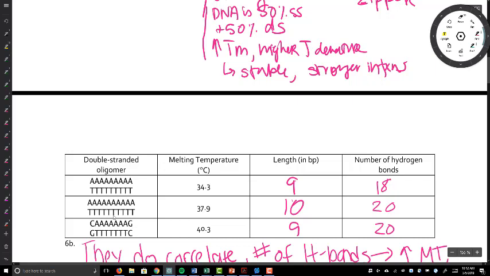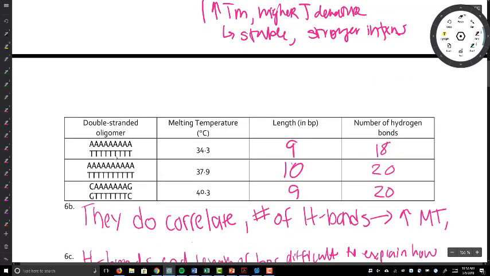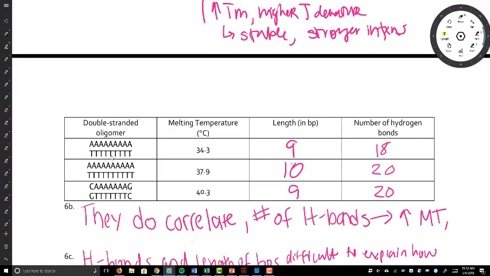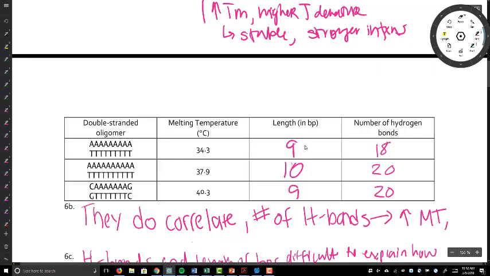Now, the composition doesn't really change much because it's all A's and all T's. And so what you see is when you go from 18 hydrogen bonds, or 9 base pairs, to 10 base pairs, or you increase the number of hydrogen bonds, you're seeing an increase in the melting temperature.